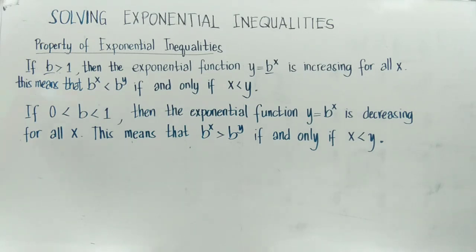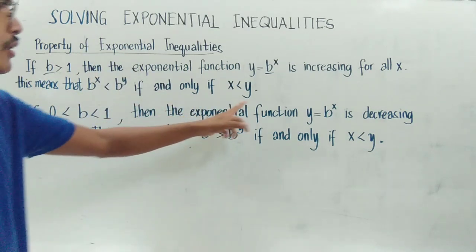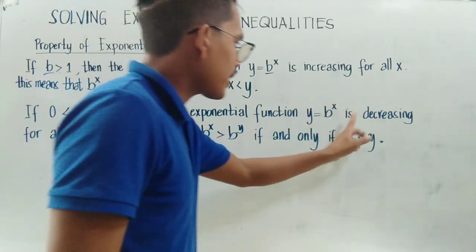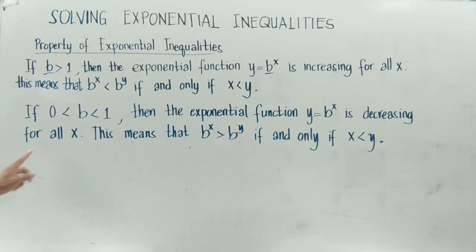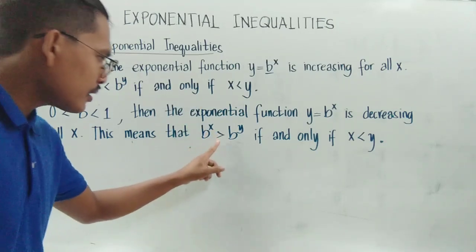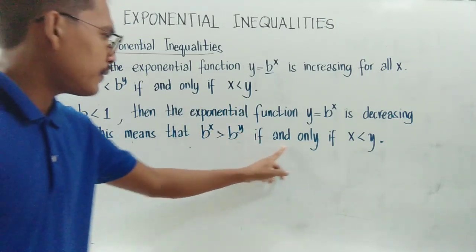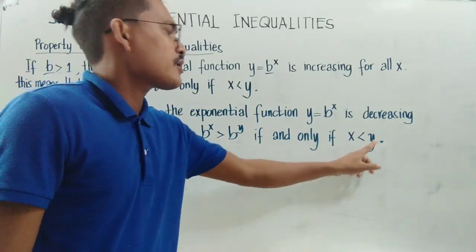Then we have, if b is greater than 0 but less than 1, then the exponential function y equals b raised to x is decreasing for all x. This means that b raised to x is greater than b raised to y if and only if x is less than y.